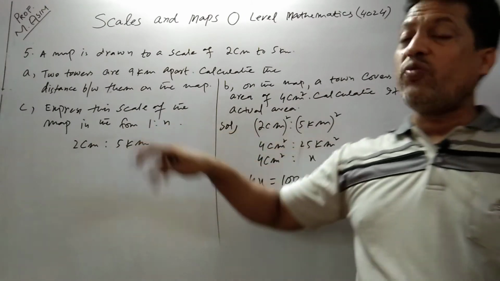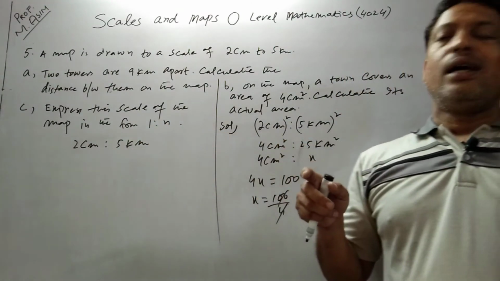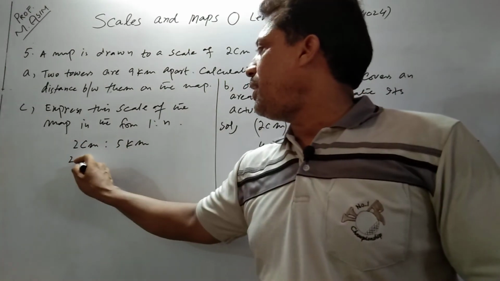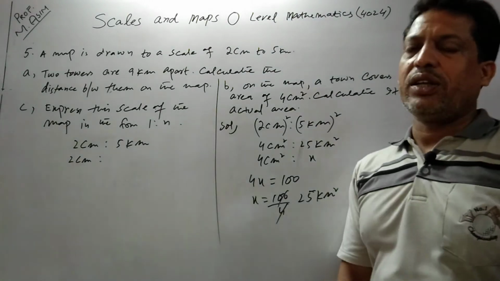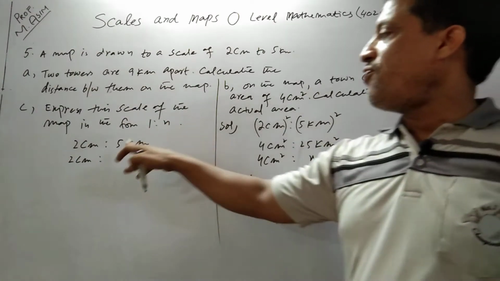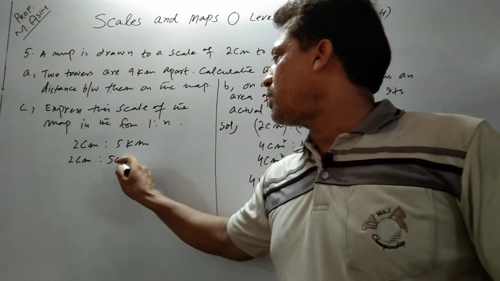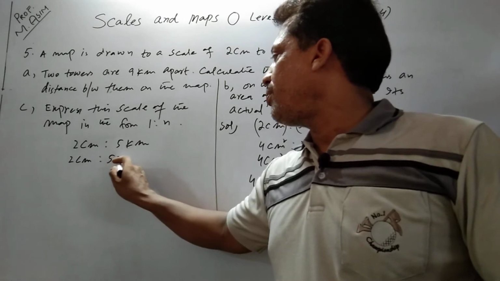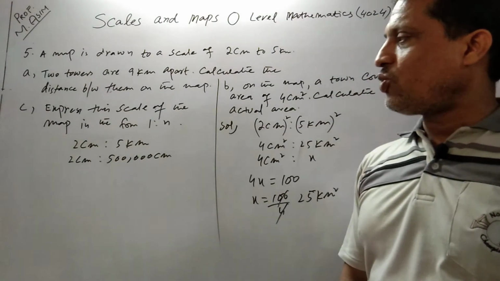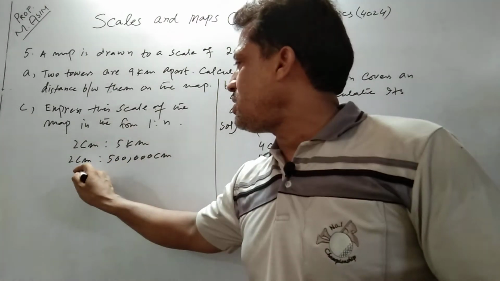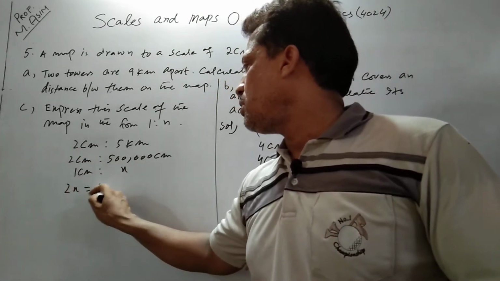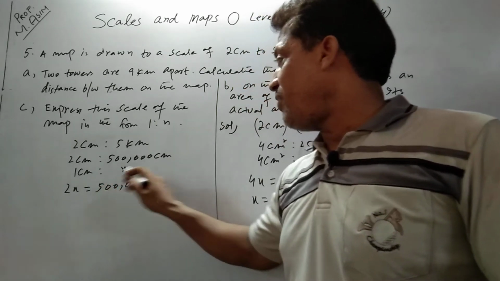Whenever we convert the scale into 1:n form, we always convert both to centimeter. So this is already in centimeter and this is 5 kilometer. You know, 1 kilometer is equal to 100,000 centimeter. So 5 kilometer means 500,000 centimeter. But the requirement is to write it as 1:n. Therefore, this is 1 centimeter and this is x. X by 2 is 2x, and 500,000 centimeter.